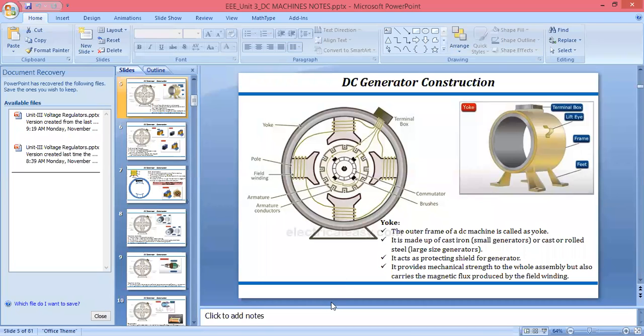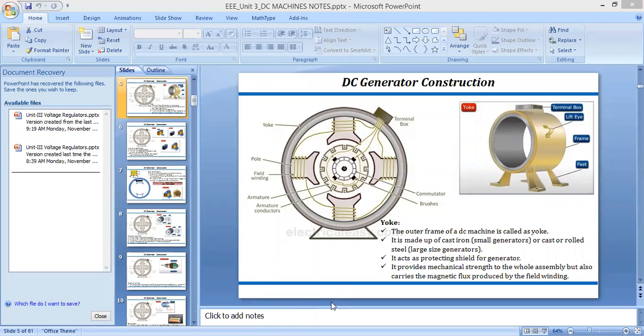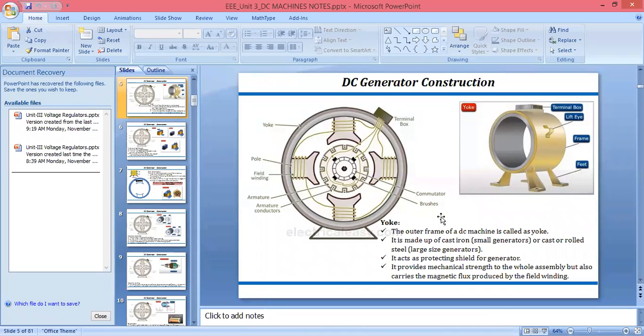Then, just wait for a minute. Then what we are saying here, we are doing the field winding on these poles, and these poles are inside the yoke, and these poles are called a stationary part because they will not rotate.